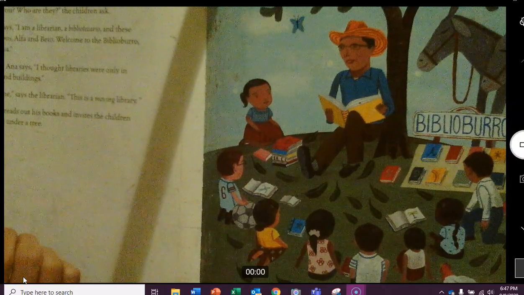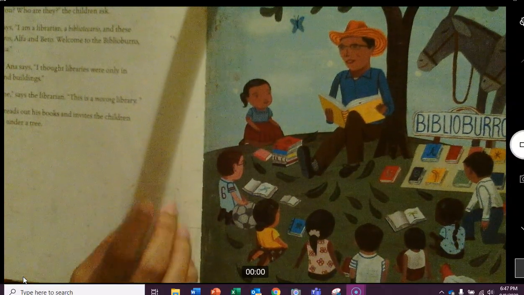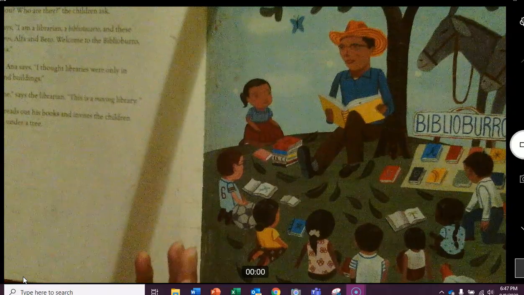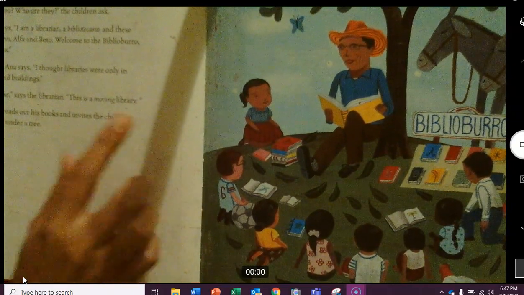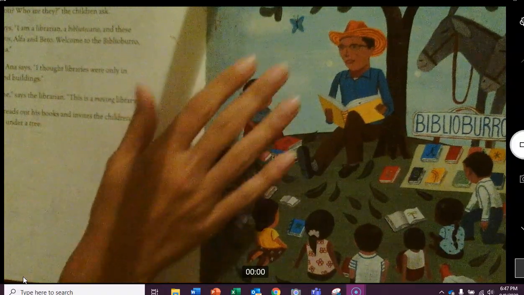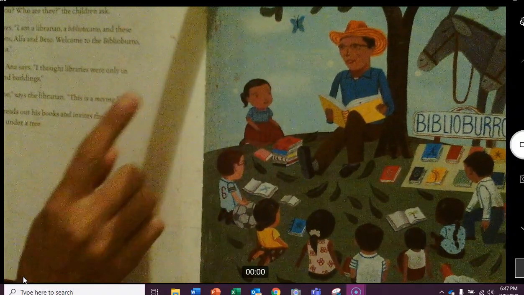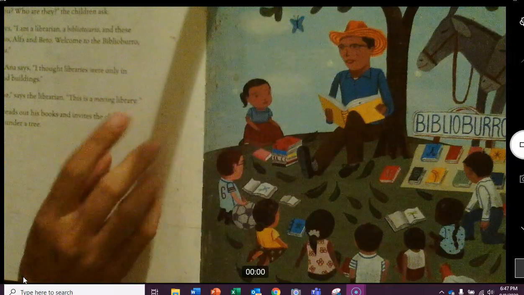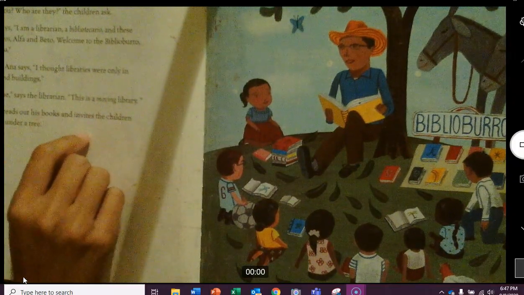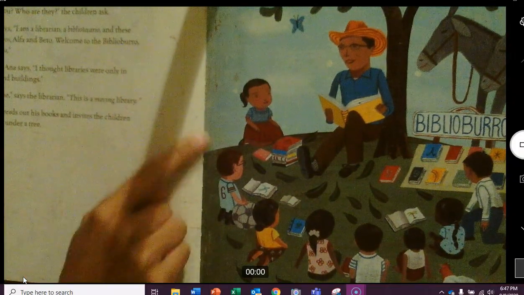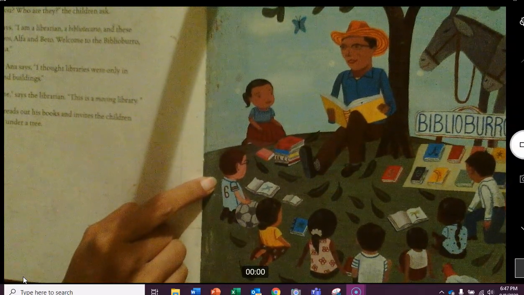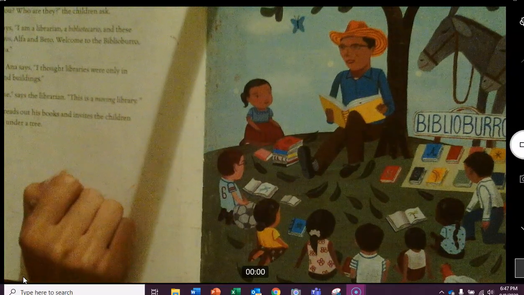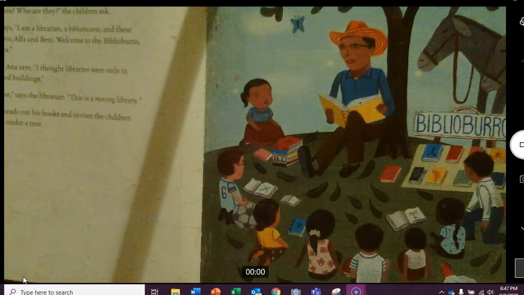Great job, everyone, using key details to generate wonder questions and to also use key details to notice things in our picture and to also make connections of things that you noticed and you heard from when I read the story and if it was in the picture or not. You all have done an amazing job noticing and wondering.